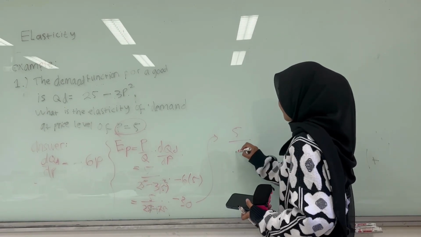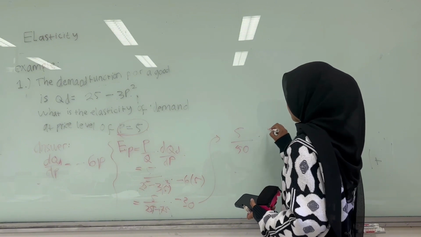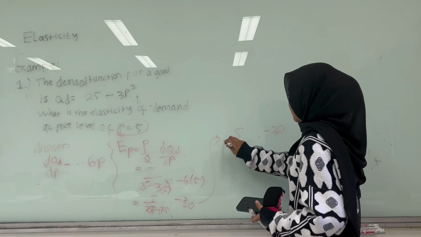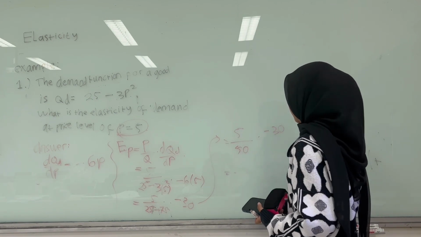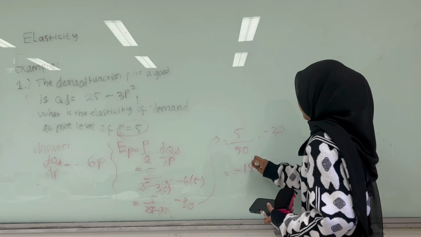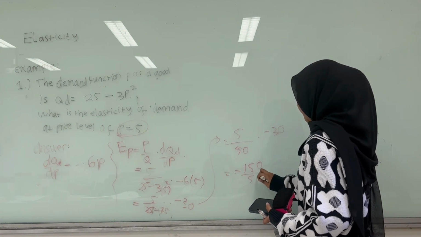So 5 per minus 50 times minus 30 is equal to minus 150 per 50.